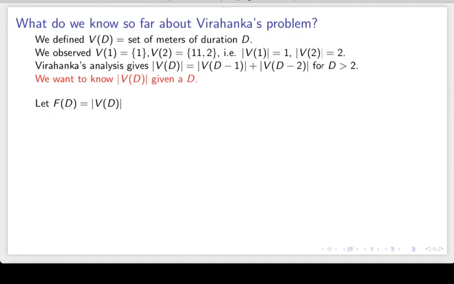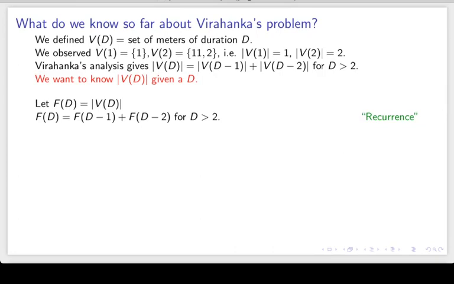Just to simplify notation, I will define f of d to be the cardinality of V of d. So f of d equals f of d minus 1 plus f of d minus 2, for d greater than 2.